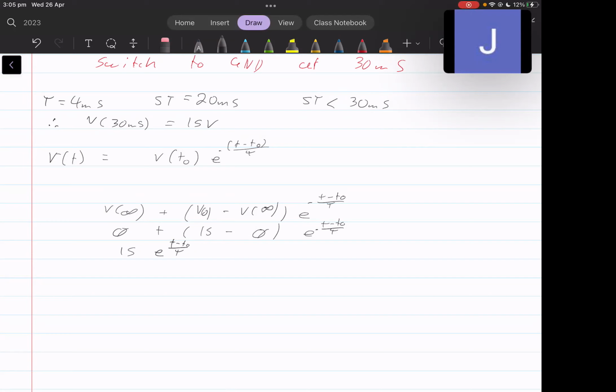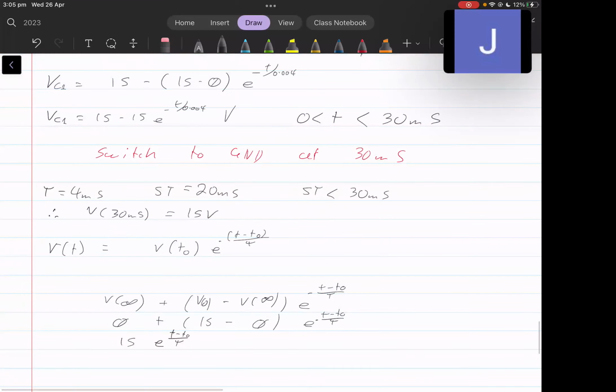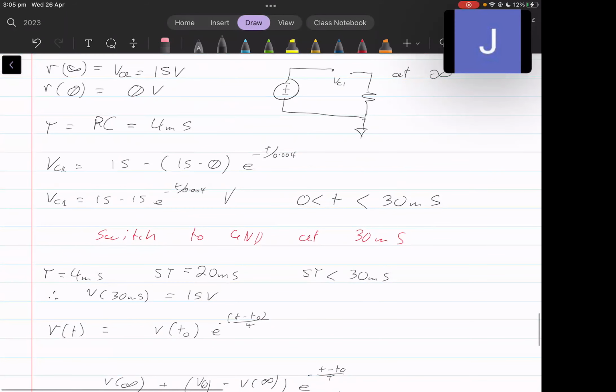Any questions so far? I didn't really understand how you got to 15 volts at 30 milliseconds or something. So I used the formula we had before, which was this one.